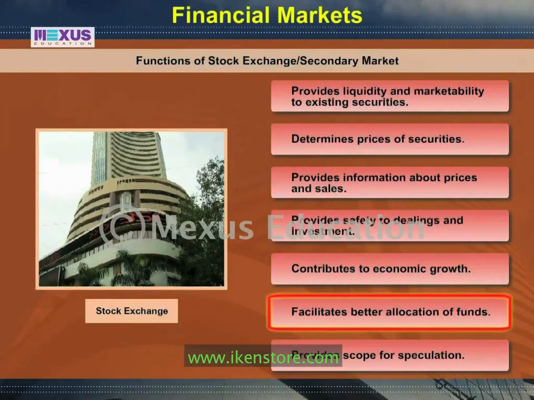A stock exchange facilitates better allocation of funds as market transactions divert the flow of funds from the less profitable to more profitable enterprises. 7. A stock exchange provides sufficient scope for speculative activity within the provisions of the law. It is generally established that a certain degree of healthy speculation is essential for liquidity and price continuity in the stock market.